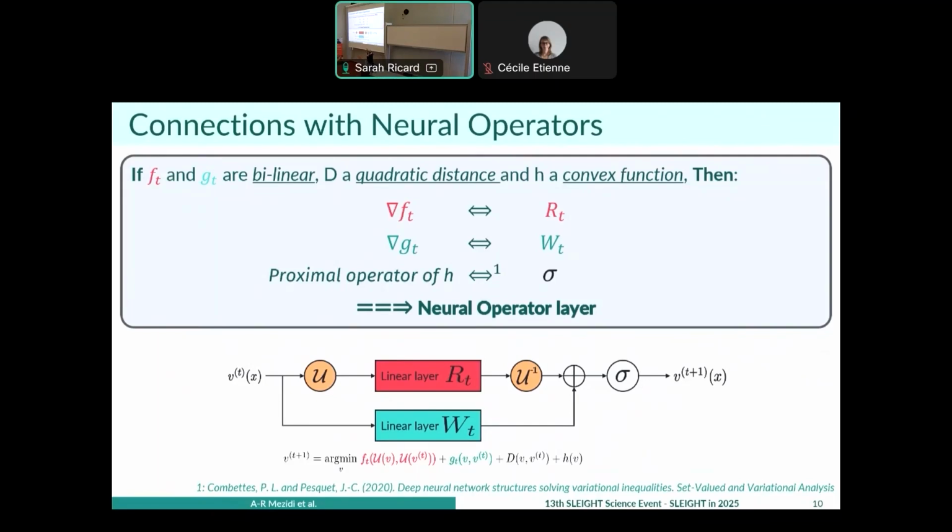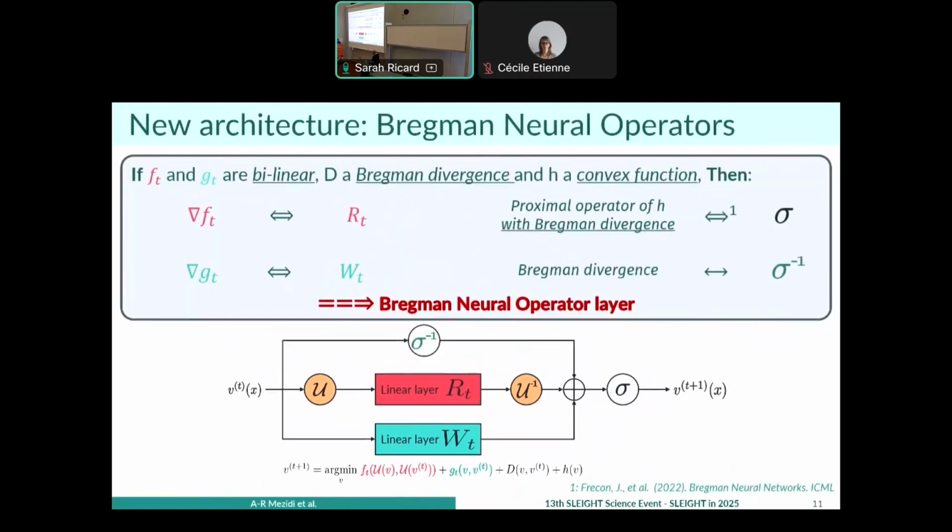But now, if we impose different constraints on these components, we are able to create new architectures. More specifically, if D is not a quadratic distance but a Bregman divergence, then we are also able to retrieve a closed form solution, but with different equivalences. We still have the gradients of F_t and G_t equivalent to our linear layers R_t and W_t.